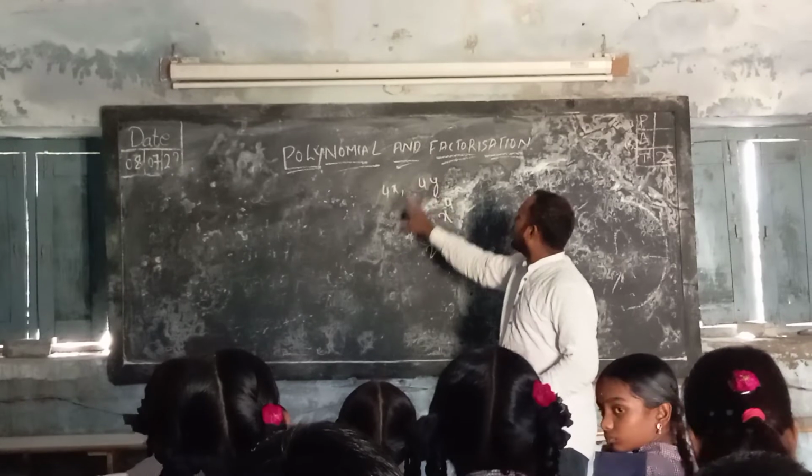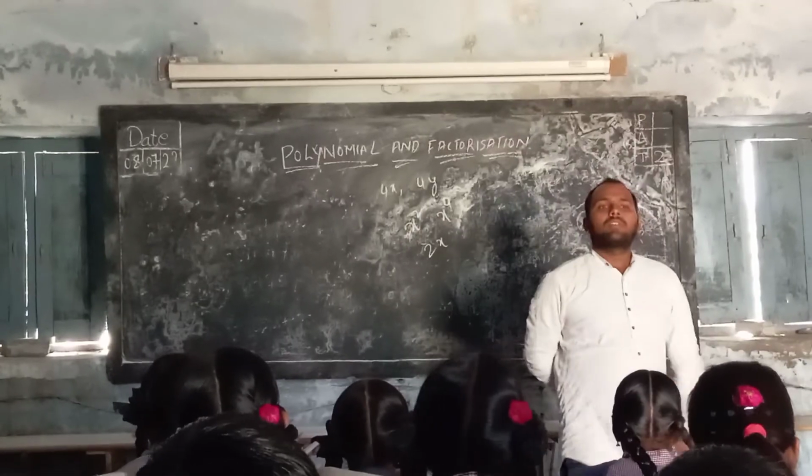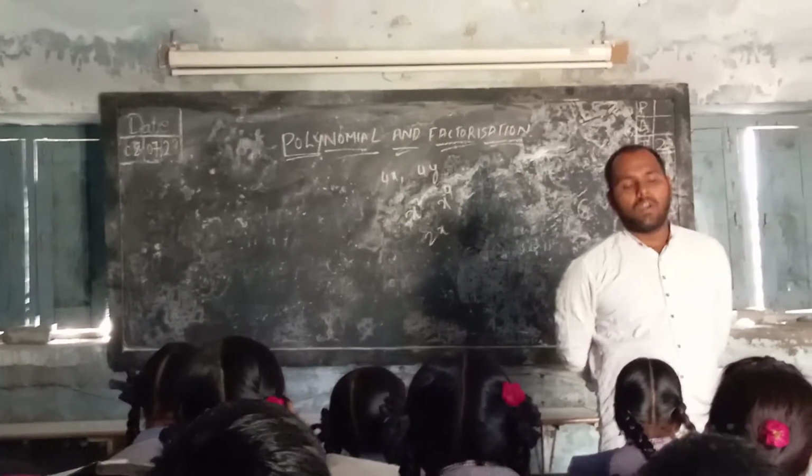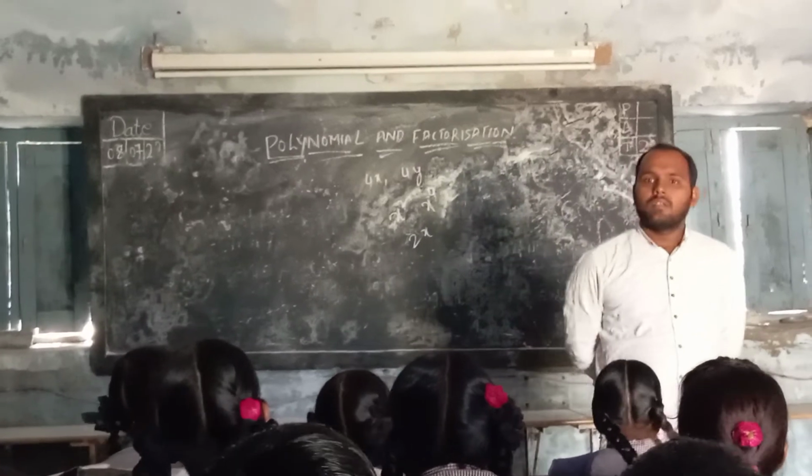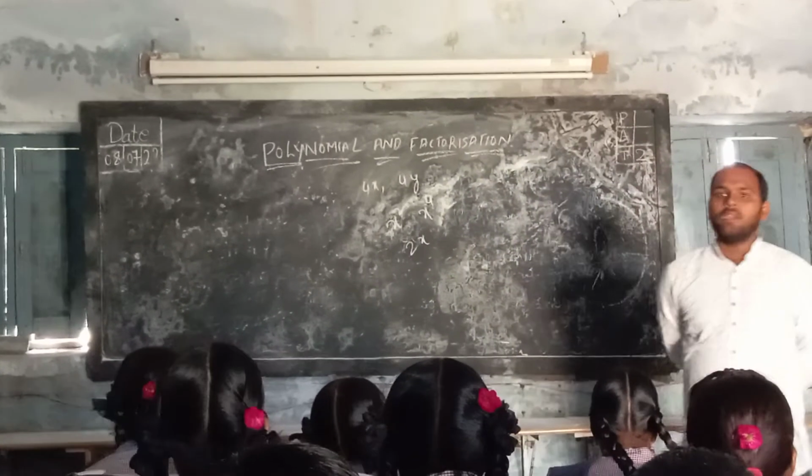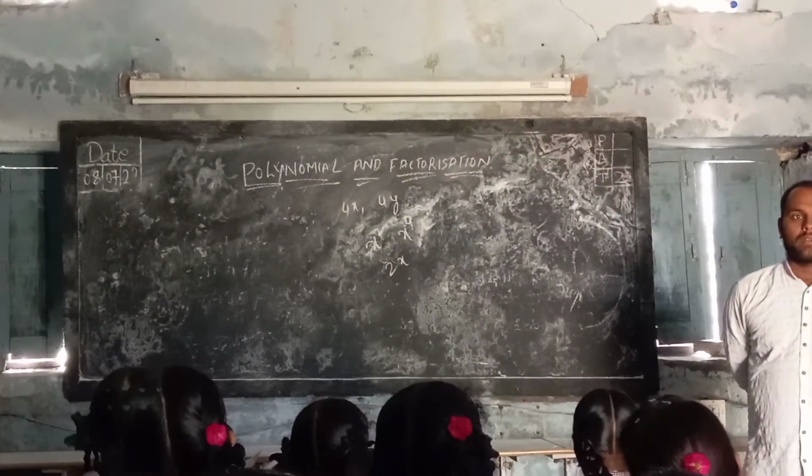These are all examples of a single variable. These are all examples of one-variable polynomials.